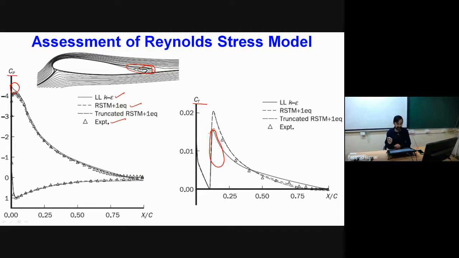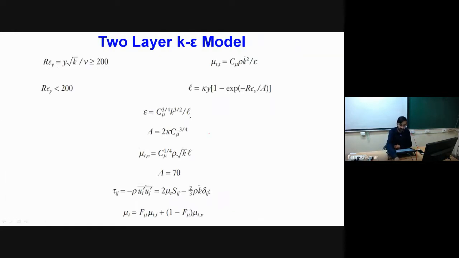So it means that RSM models are suitable for flows involving significant rotation and swirling motion. Till this point, is it clear? Okay, now let me move to the next part.